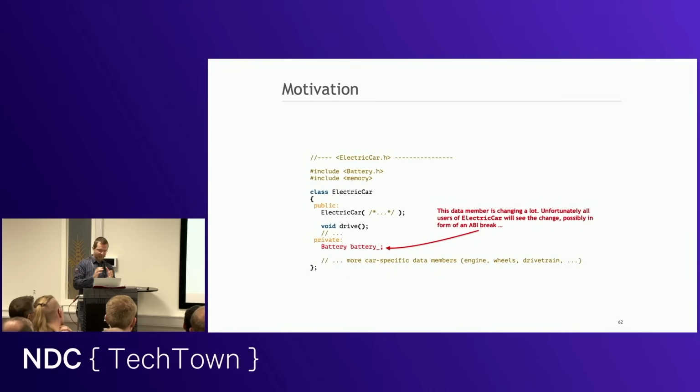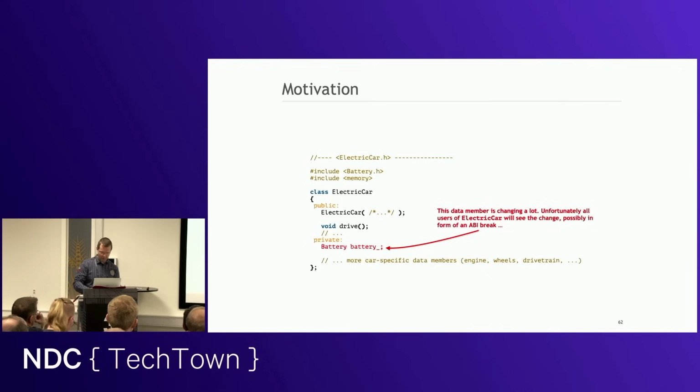So whenever something about battery changes, users of electric car will experience the change, will see this change. And if the size of battery, for instance, changes, it's not just some change. It really is an ABI break. Everything will have to be recompiled. Everything that uses electric car. So if this happens often, this might be a real inconvenience. And it might be something that might not be even acceptable to people.